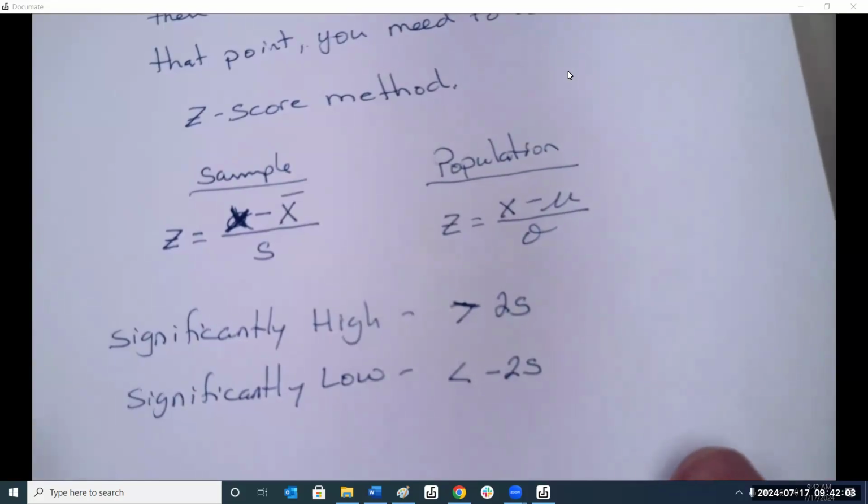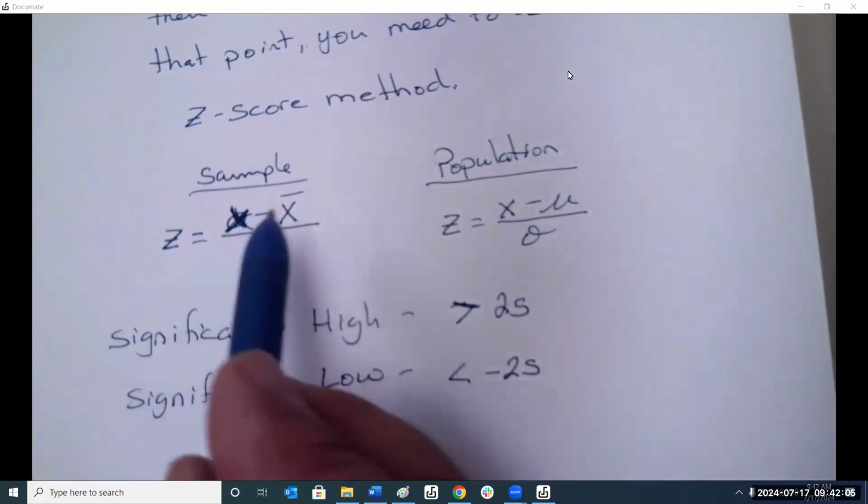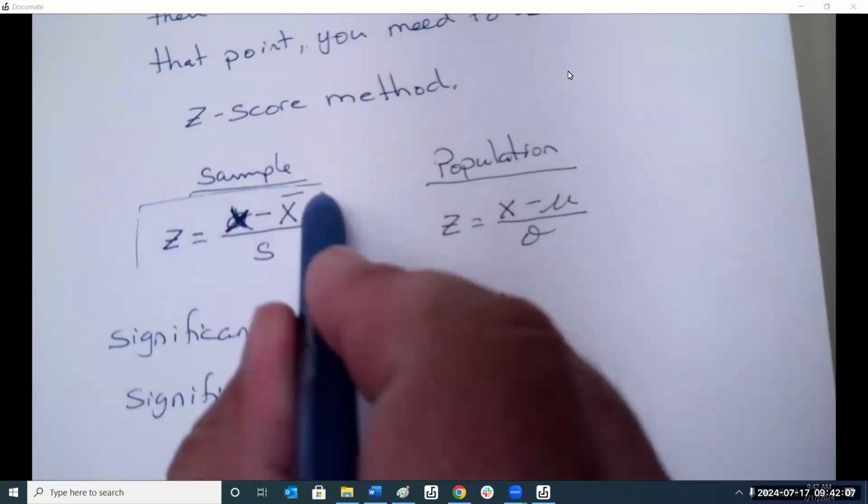Okay, now we have to figure out something else, because we're going to look at the sample formulas.